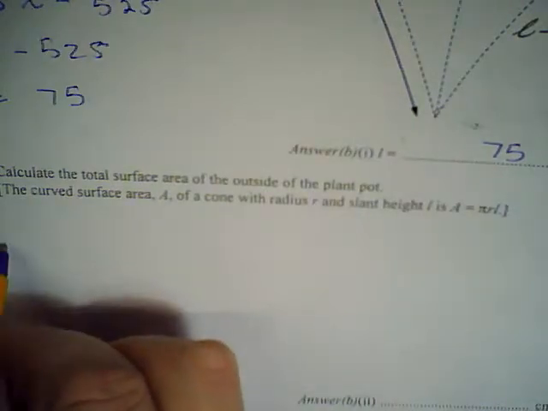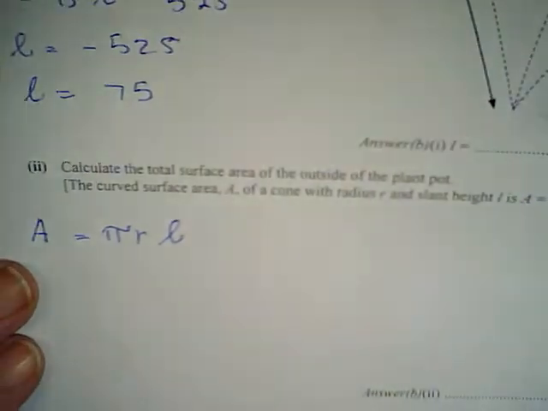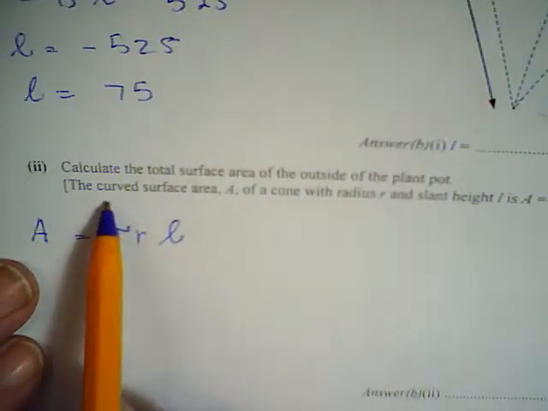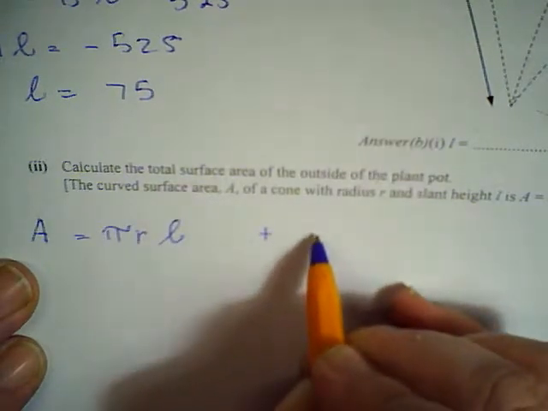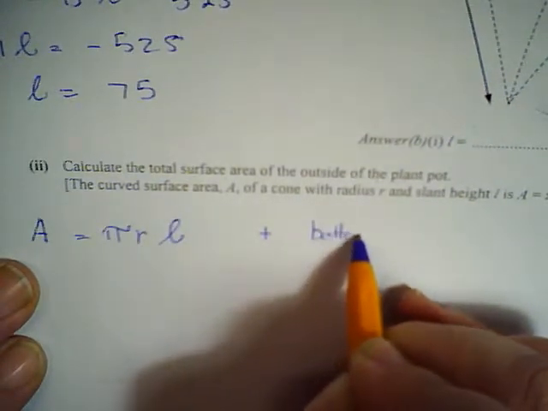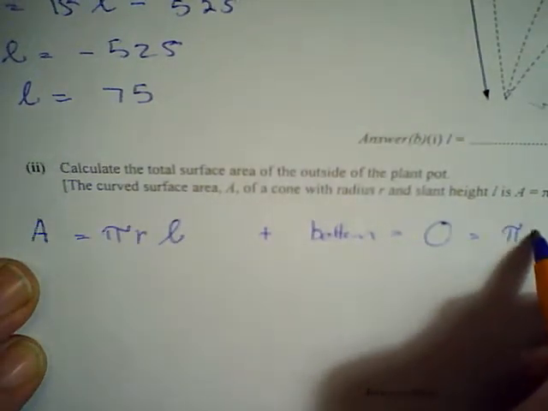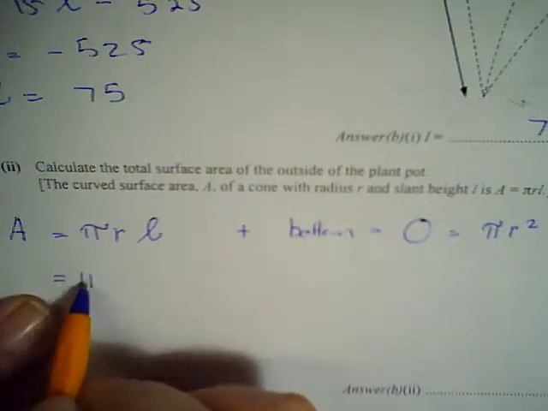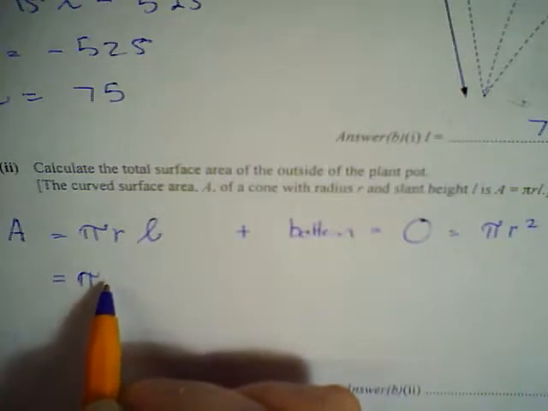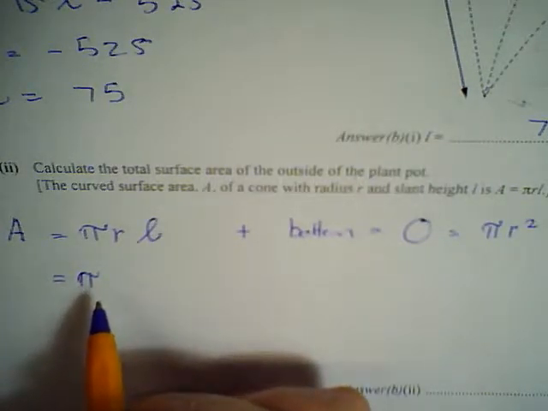So A equals pi RL, and that we know is the curved surface area, plus we have the bottom. That is just a circle, and that would be pi r squared. Okay, so we've got to find both of them. The slanted height, so pi r, what is that? The radius of the remaining cone.